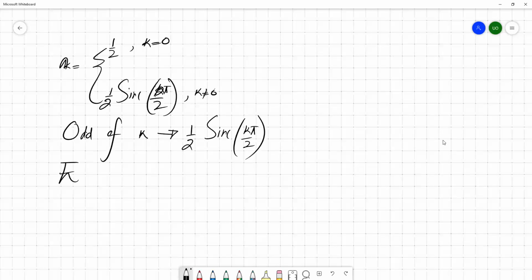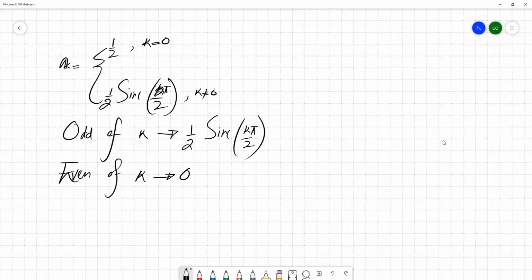But for even values of k, once it's even like 2, we have sin pi, which means sin pi over pi. Sin pi is actually 0. What about 2 pi? When k goes to 4, we have sin 2 pi, again 0. So this is 0.